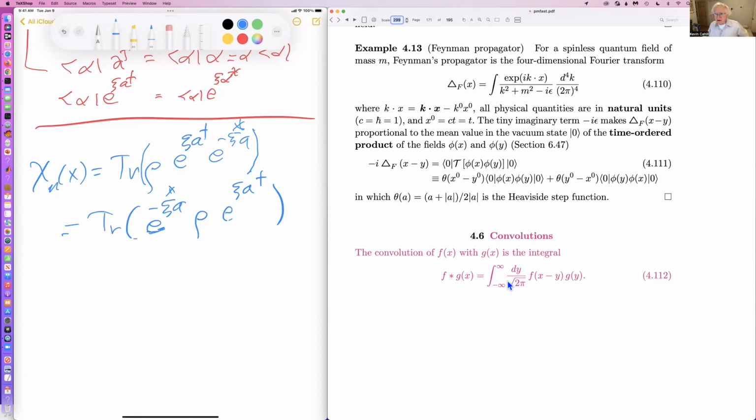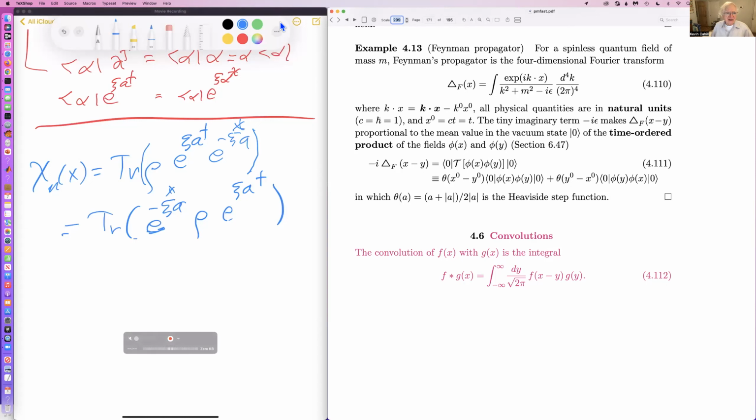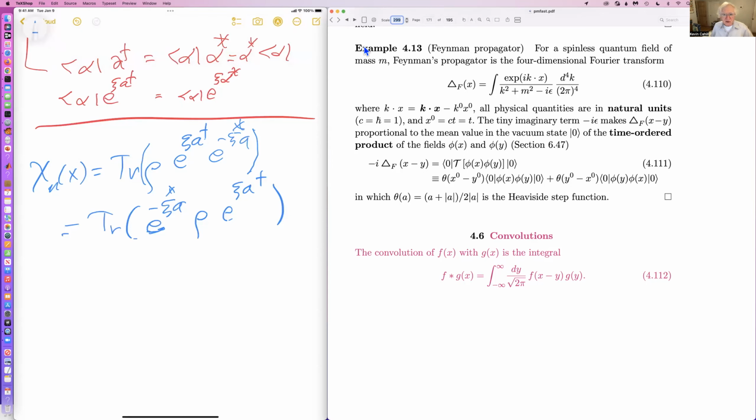If you have a spinless quantum field of mass m, such as, for example, one component of the Higgs field, then the appropriate propagator that Feynman introduced is this Fourier transform. So you see it is a Fourier transform. Here, though, k dot x is a four-dimensional Fourier transform. k dot x is the Lorentz inner product of k and x.